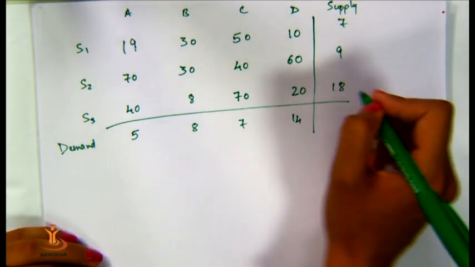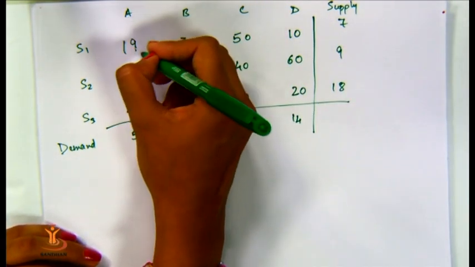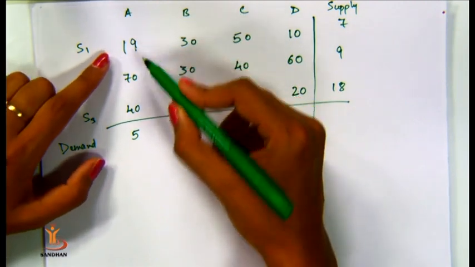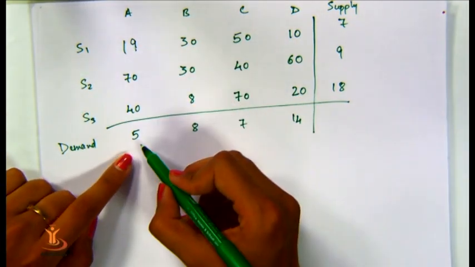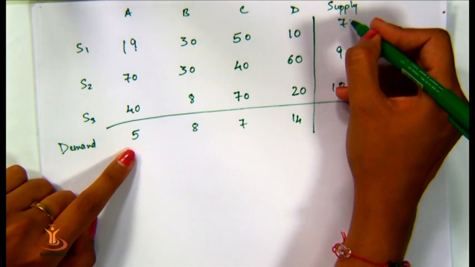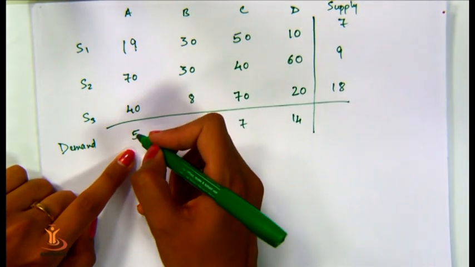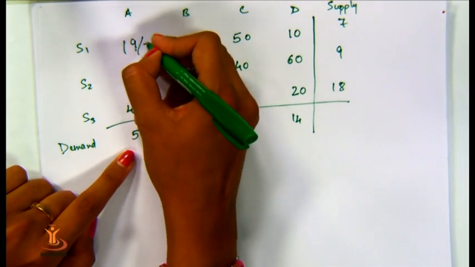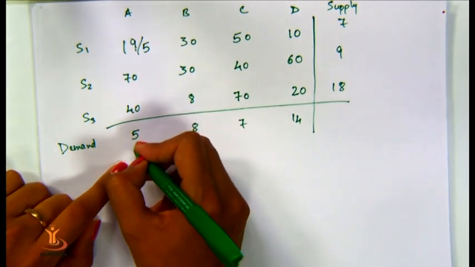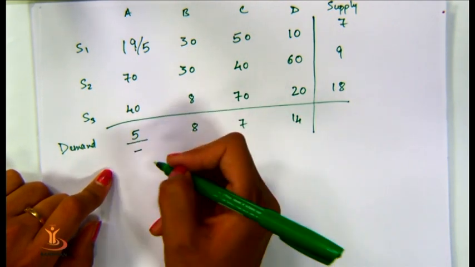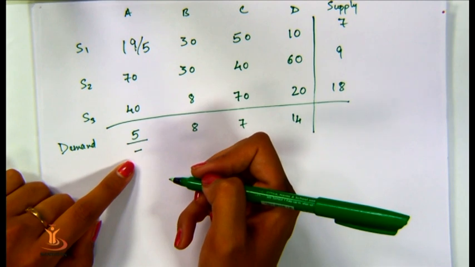The first cell, which is cell 1,1, we will try to allocate the units here. Now if you can see, at this place the demand is 5 units and the supply is 7 units. So we can completely fulfill this demand. We shall allocate all the 5 units here, and this will have no further demand.